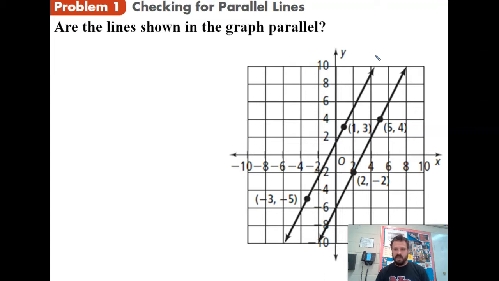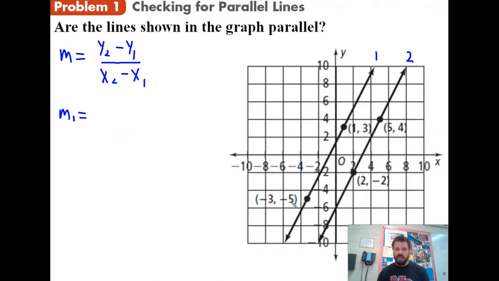Let's say that we have line 1 and line 2. We can find our slope, and the formula for that is y2 minus y1 over x2 minus x1. Let's say I want to find the slope of the first line. We'll call that m sub 1, which will be equal to y minus y. It doesn't matter what order I go in.